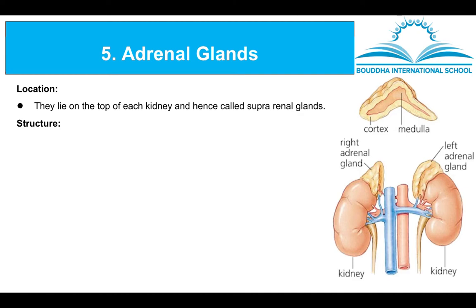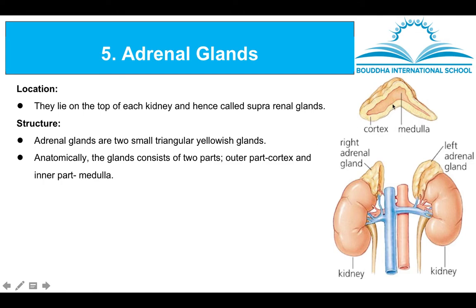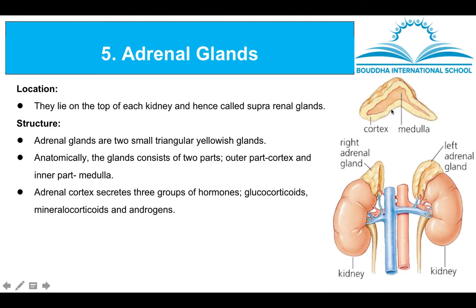If you look at the structure, it is triangular and yellowish in color, and it has two regions. The outer, yellowish part is called the cortex, and the inner part is called the medulla. Each part secretes different hormones.